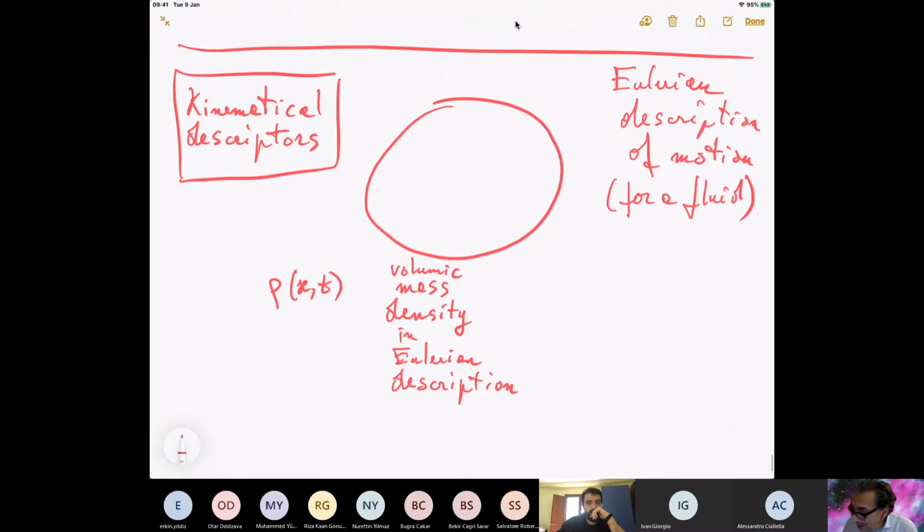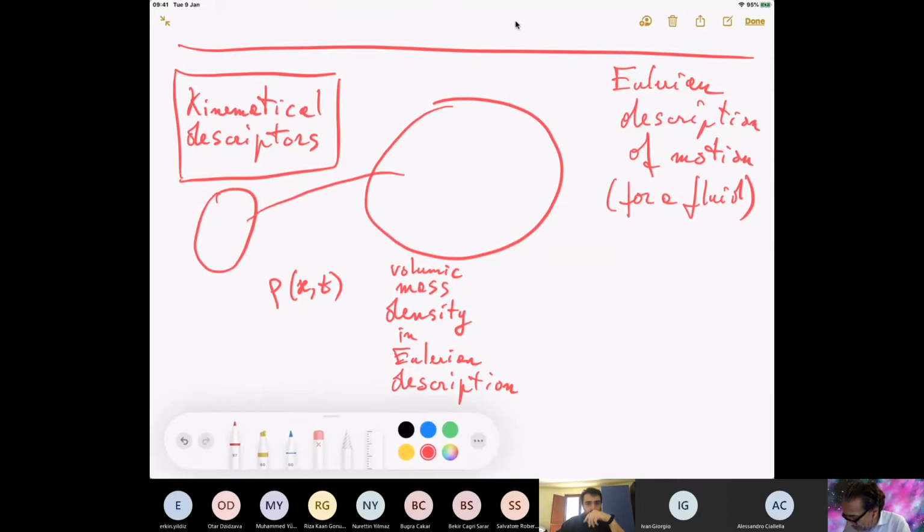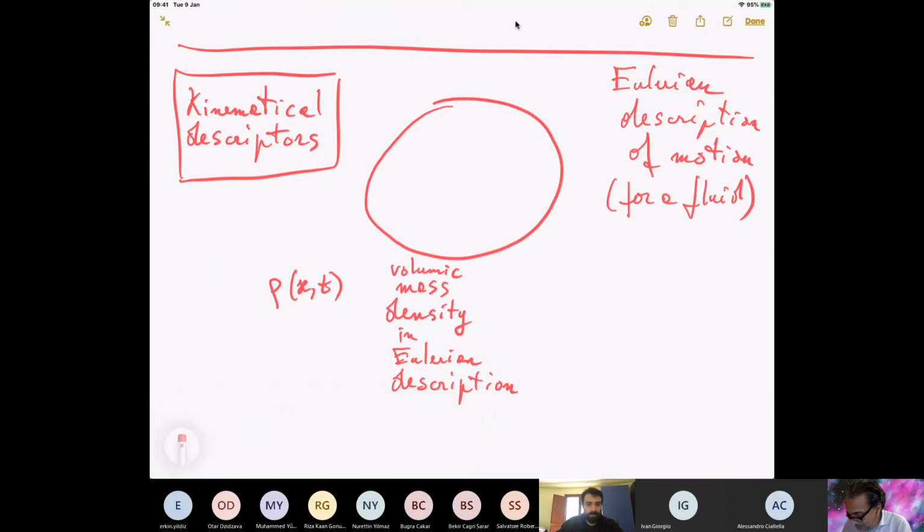Of course, what is very strange in the books of fluid mechanics is that, in the background, you always have the Lagrangian description, but in fluid mechanics you have the tendency to forget about it.